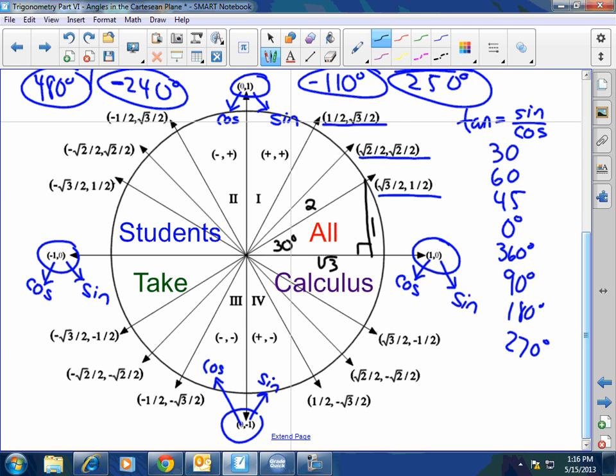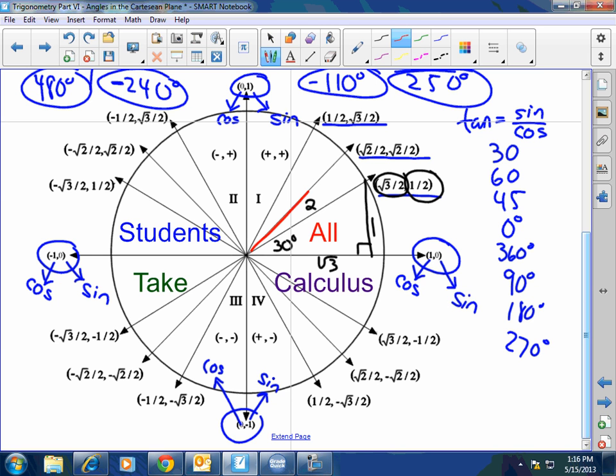Adjacent over hypotenuse. Ain't that square root of 3 over 2? What's the sine of 30? Opposite over hypotenuse. So boom, 1/2. You can memorize this whole entire thing, or you can really just learn how to work with the 30, 45, 60, and 90 triangles.